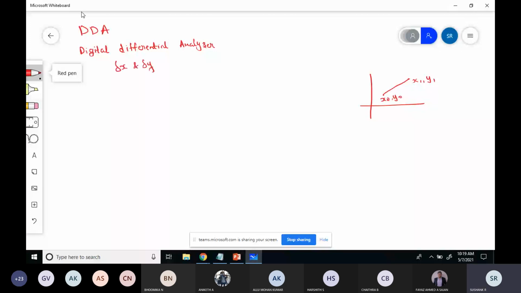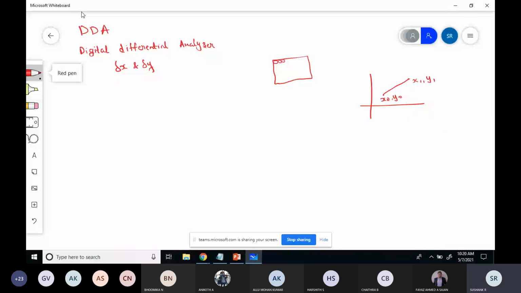By calculating this delta x or delta y, this line will be generated. How it is generated: a line will be sampled in terms of unit intervals. So it will be calculated in terms of unit intervals. For example, see, it is a screen. This is a computer screen. It's a collection of pixels.